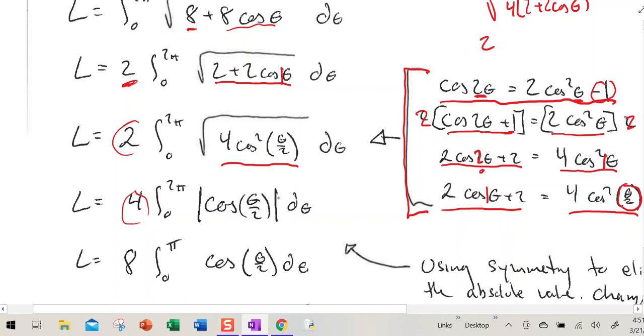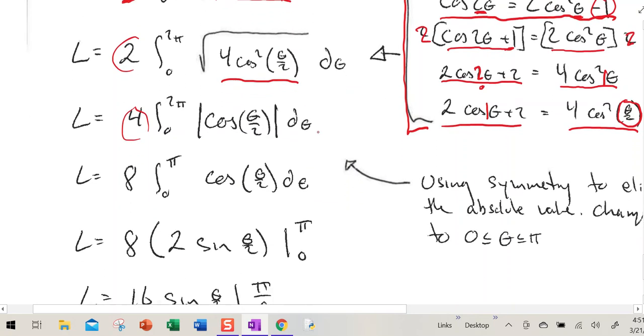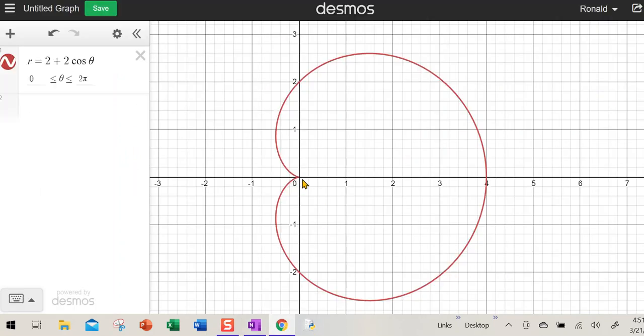All right, and so one last little trick here to make it a little bit easier is using symmetry. If we go back and look at our graph, we're starting from 0 to pi. We're finding the area from 0 to pi all the way up to here, and then from pi all the way up to here, we're finding the other half.